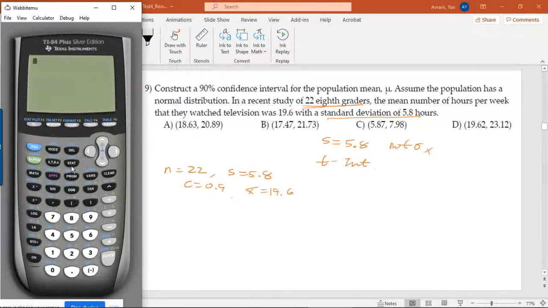Like I said earlier, if I don't want to calculate by hand, I can do that in a calculator, which is 19.6, and then 5.8. n is 22, so less than 30. So that is giving you another key here. And then round to 2 decimal points, so we have 17.47 and then 21.73, because this you need to round up.